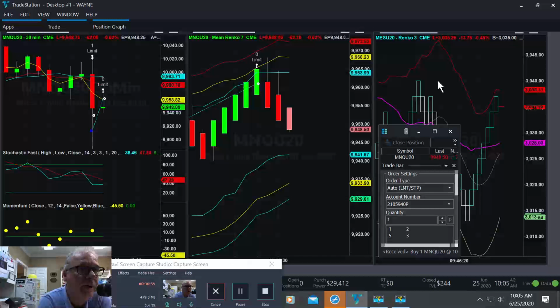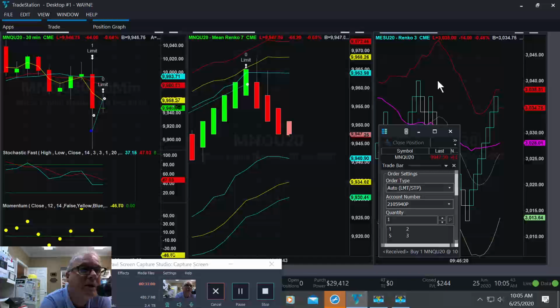Not sure what the range on this momentum indicator is, but it's down to 46 now. That's crazy. It was up at 80 earlier. Definitely moves.